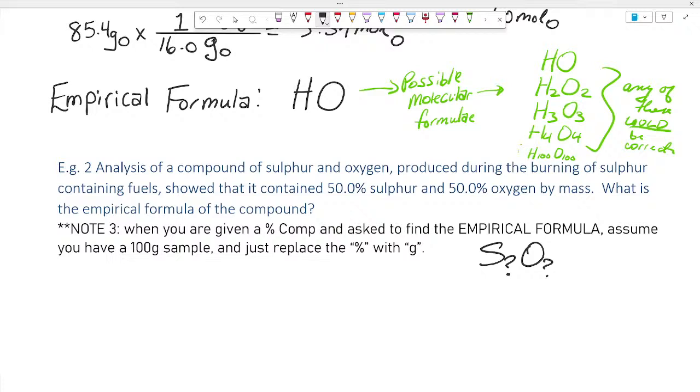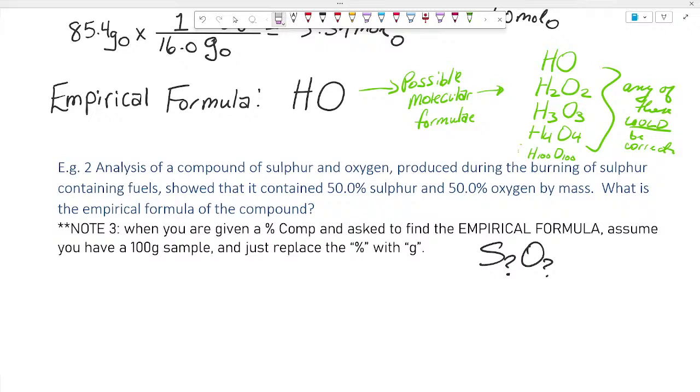Okay. All right. So we want to look at that. Now here, they didn't actually give us grams. What did they give us? Percentages by weight. Now listen, if they give you percentages by weight, don't let that stress you out. They haven't told you a specific size. You could have any amount of this stuff in front of you.